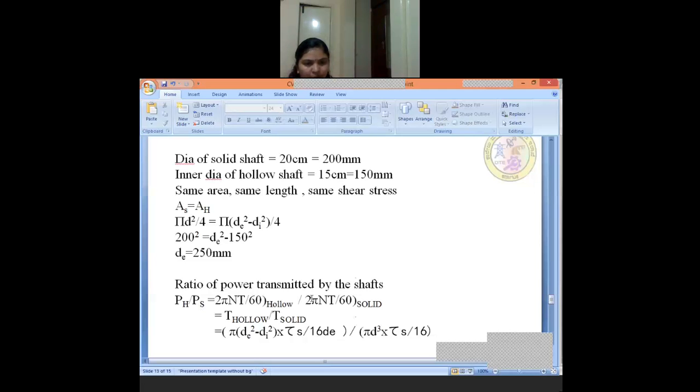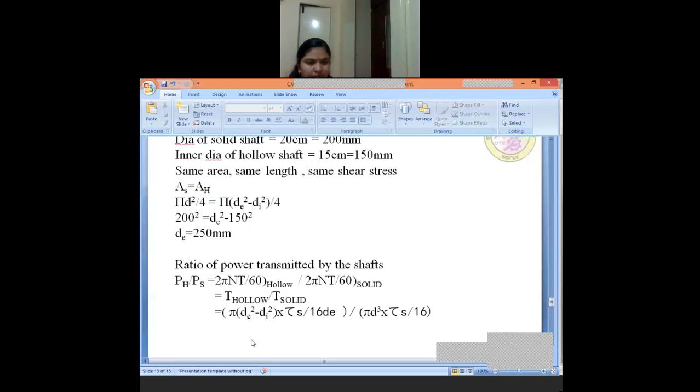Next, I have to find what is the ratio of power transmitted by the hollow shaft to solid shaft. So I will write down the formula 2πNT by 60 for hollow, 2πNT by 60 for solid shaft.